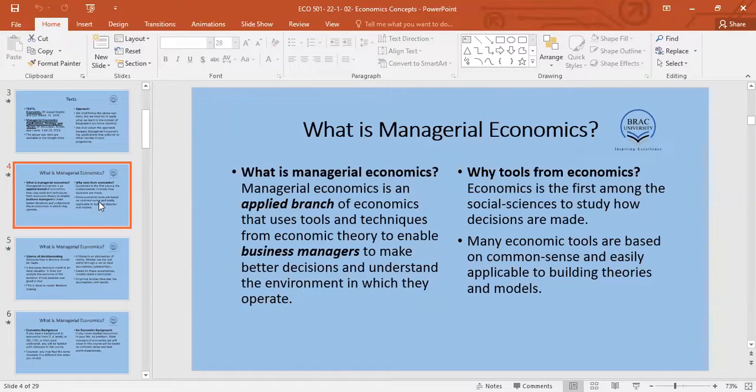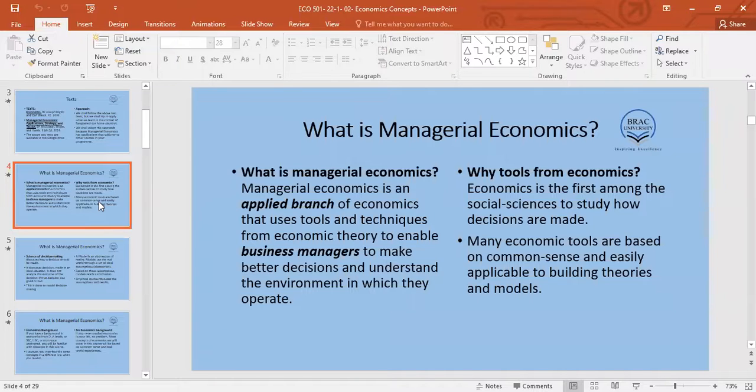Basically, managerial economics started out as the application of microeconomics for managers. We mentioned this last week, that we are not interested in entrepreneurship, we are interested in somebody managing a business. That somebody could be the owner, that somebody could be a shareholder, that somebody could be a CEO.